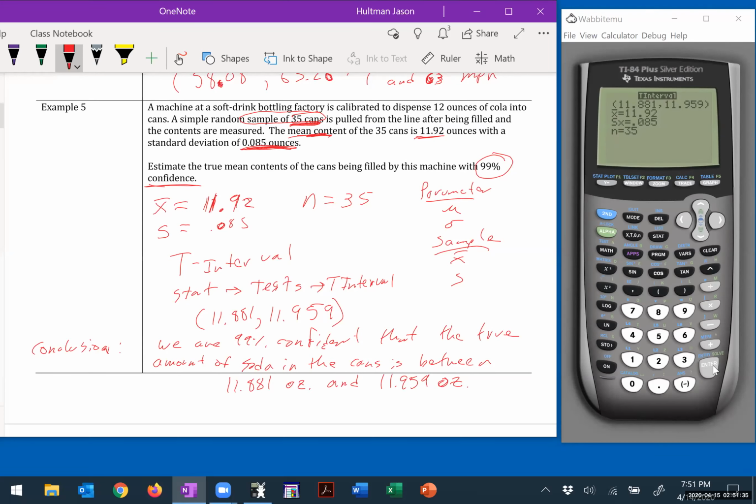Okay, which means we're getting ripped off. If they claim that it's a 12-ounce can, I want a 12-ounce can. I don't want no 11.88-ounce cans.